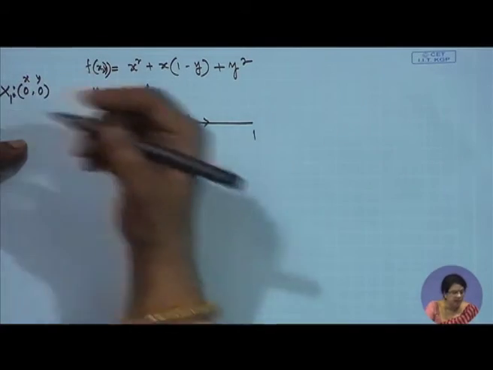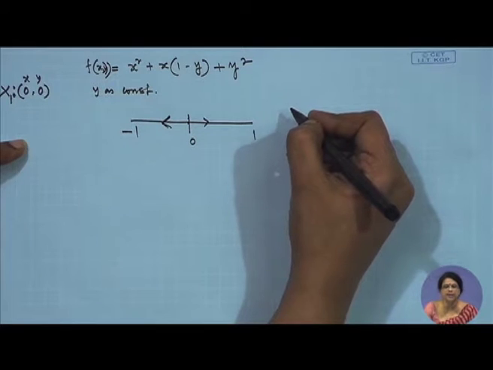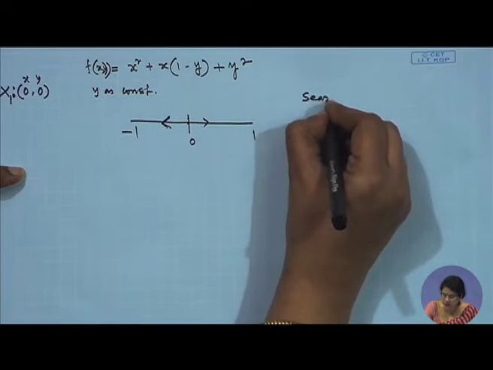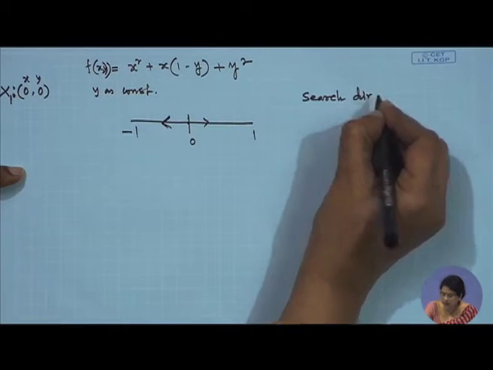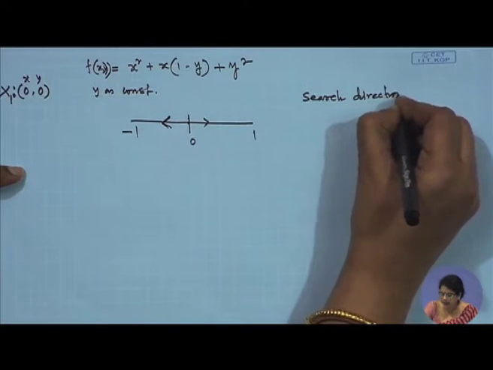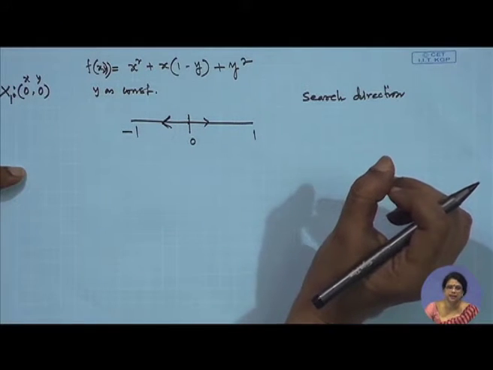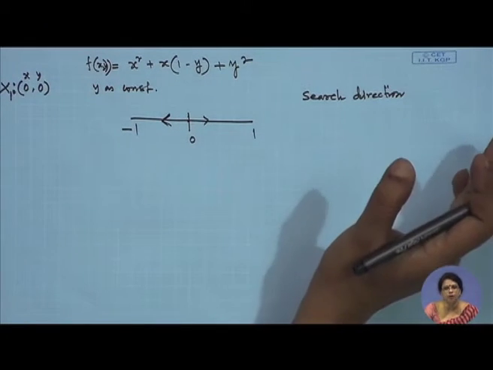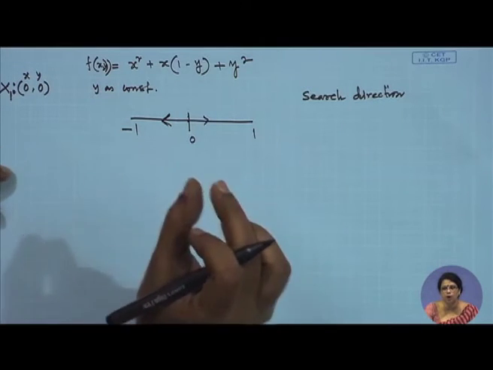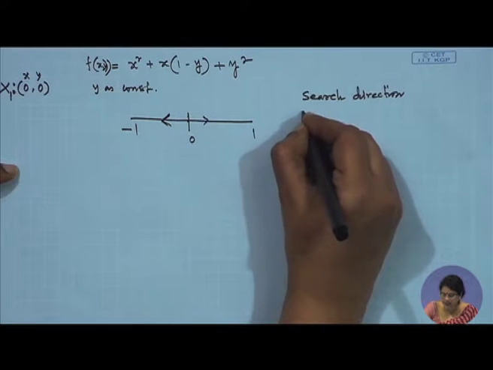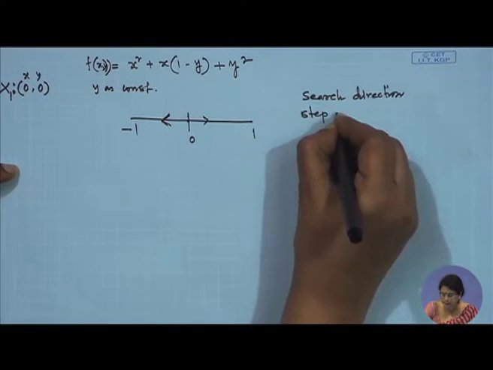That is why two things are involved: the search direction, in which direction I will do the searching, and the step length of searching. Shall I jump a lot or move with a small delta?